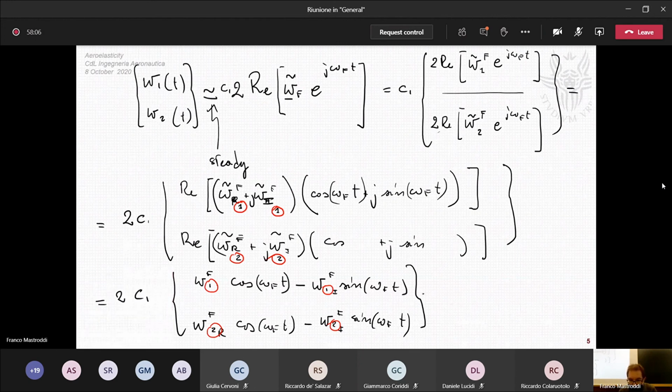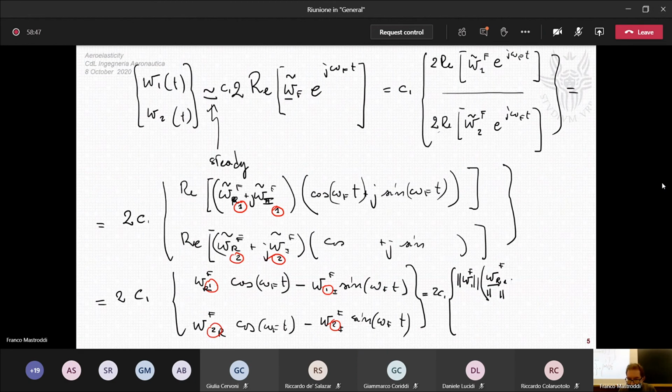We can consider the module, the amplitude, as the module of the complex number W1 flutter, and multiply this quantity by the real part, sorry, this is a real part, of the first quantity divided by the module. I have put this in evidence, so we have a denominator.